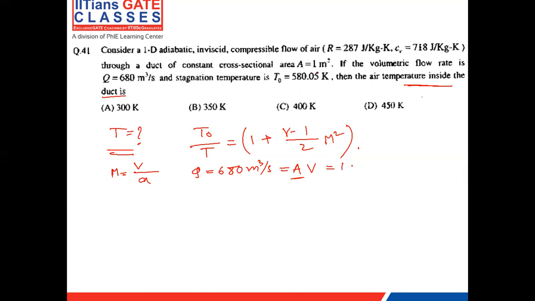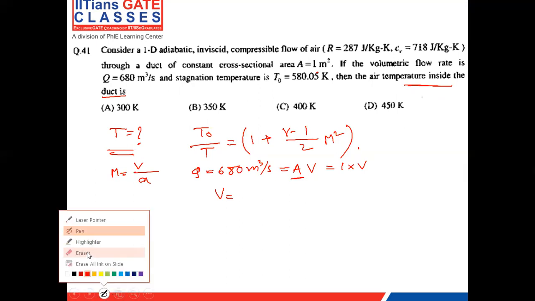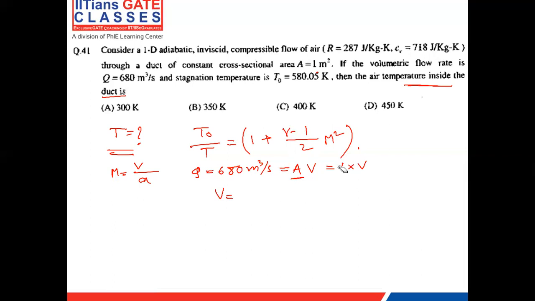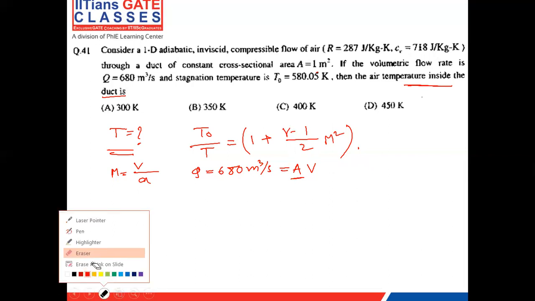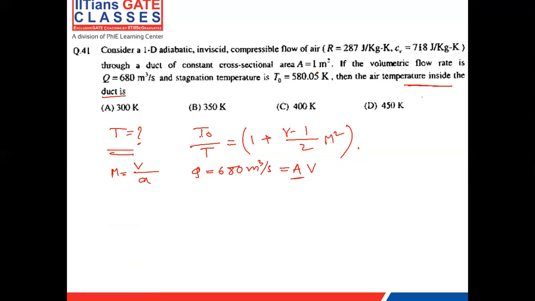So if we substitute the value of area as 1, then we get V as 680 meter per second.